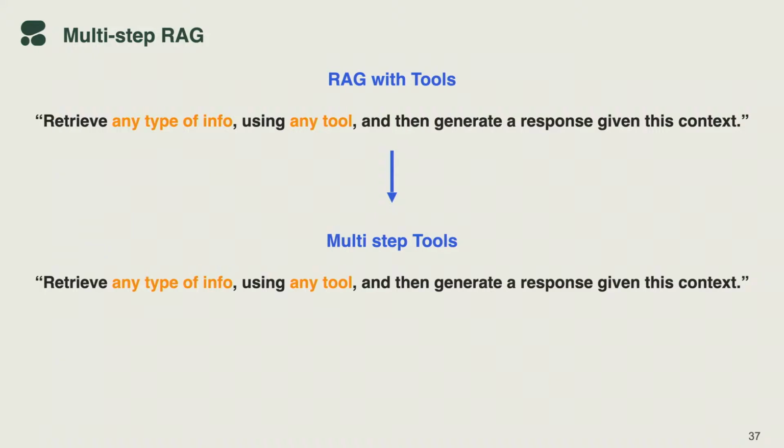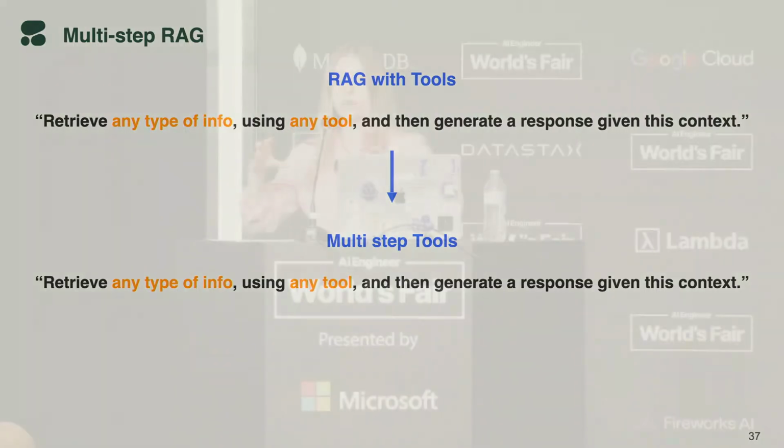Multi-step, on the other hand, is really good for scenarios where you have to carry out a sequence of actions with each action building on top of the previous ones. So in the same example, it would be searching for that document, being able to compare it against another document, creating a summary of that comparison, and then sending it out via an email. That's possible with multi-step tool use today.